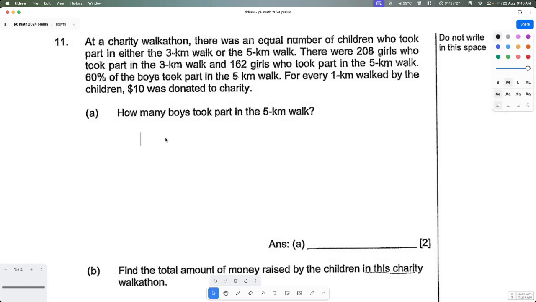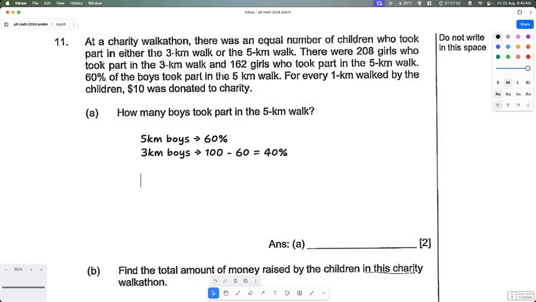So we know that 5 km boys is equal to 60%. Okay, that means 3 km boys is equal to 100 minus 60%, which is 40%.